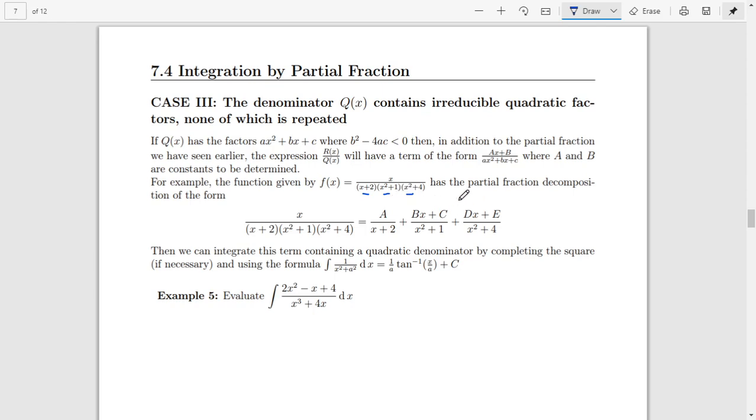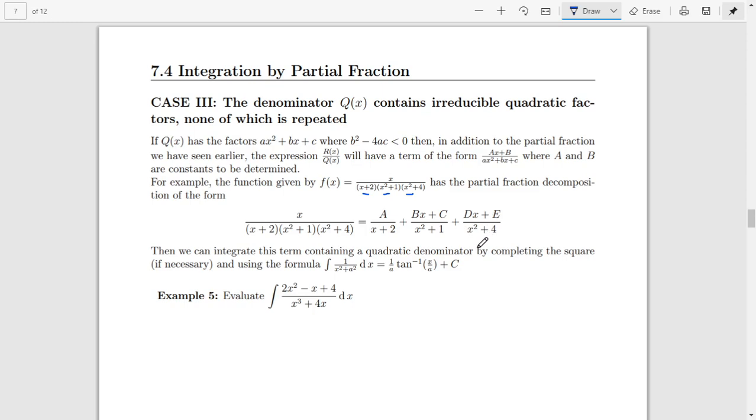To decompose this into partial fractions, the theorem says that for the linear factor we write a constant all over the linear term, and then for the irreducible quadratic term we are going to have a linear term above. The degree will be 1 less than the degree of the quadratic term, so that's why we have bx plus c all over the irreducible quadratic term, plus dx plus e all over the other irreducible quadratic term.